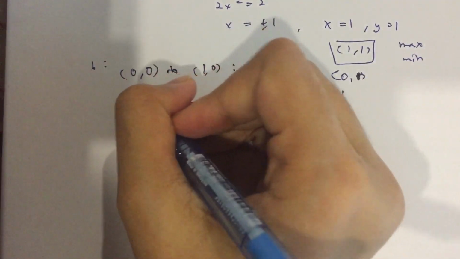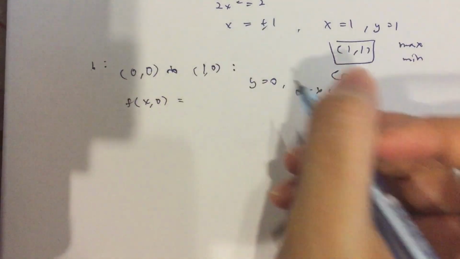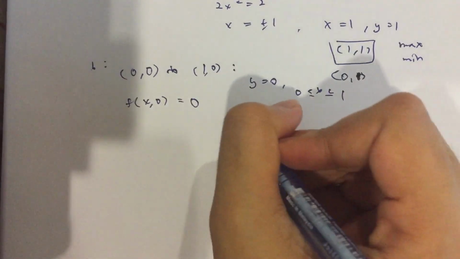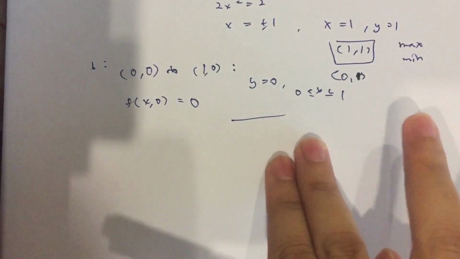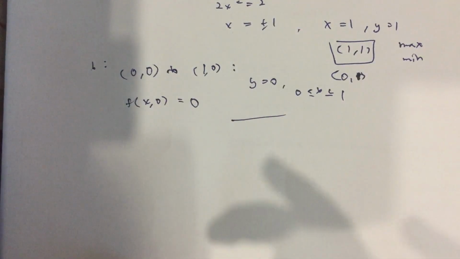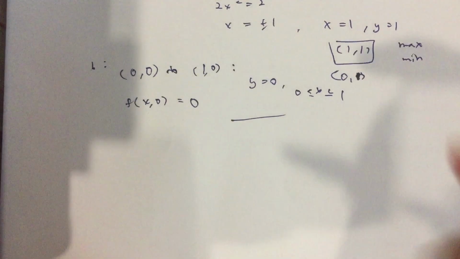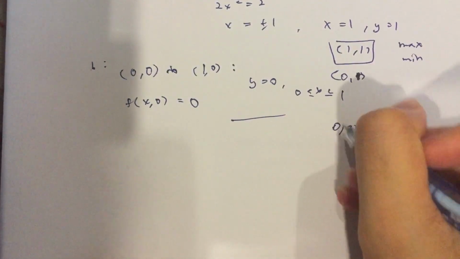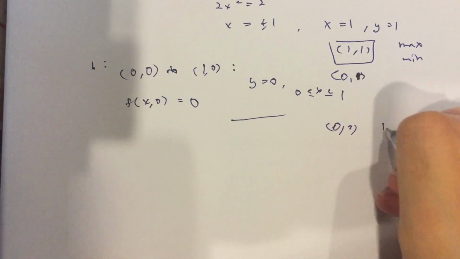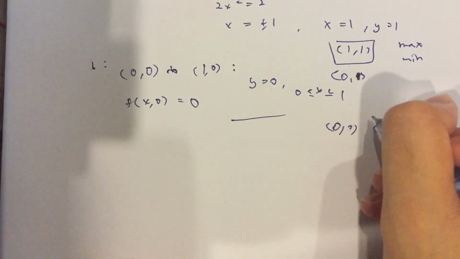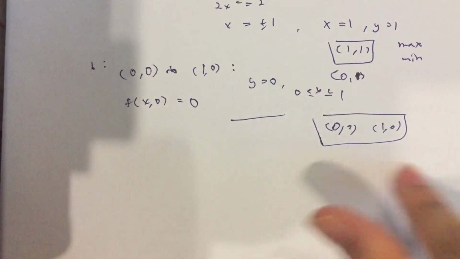So we substitute f of x, 0, and then this one we get 0. So it's a constant function 0 like this. So sekiranya sepanjang boundary B is actually equals to 0, so meaning that dia punya bucu 0, 0 and also 1, 0 both can be the maximum and minimum at the same time.